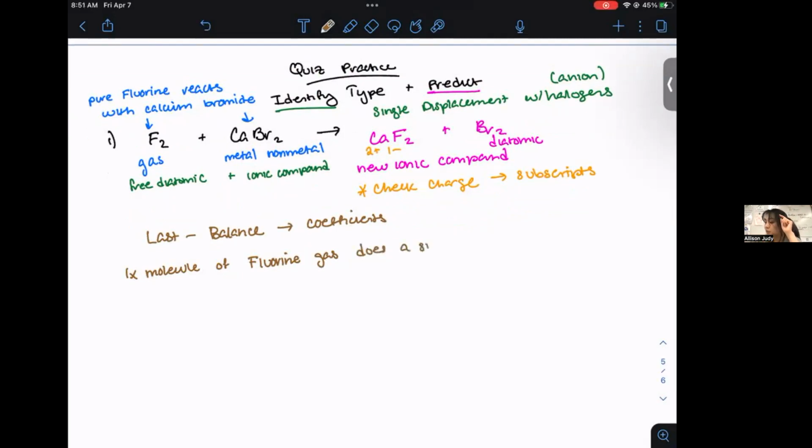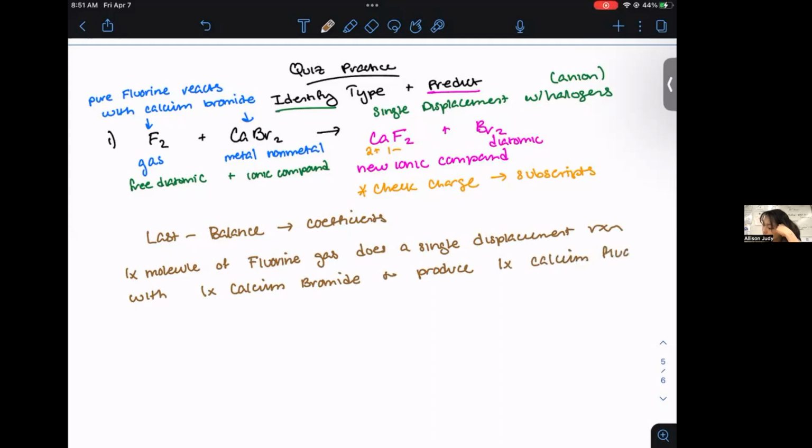Does a single displacement reaction with one calcium bromide to produce one calcium fluoride and one bromine gas. And that is what that chemical reaction tells me. That's the translation of that chemical reaction.